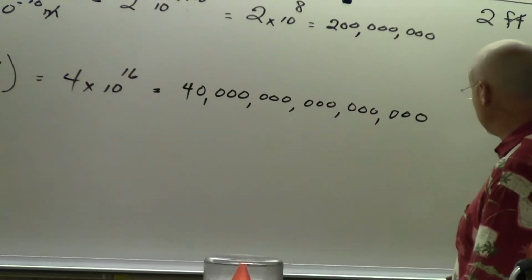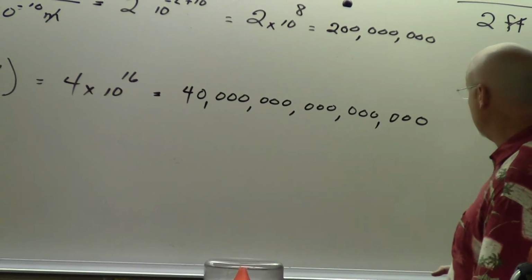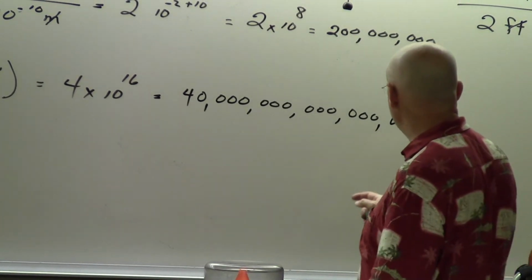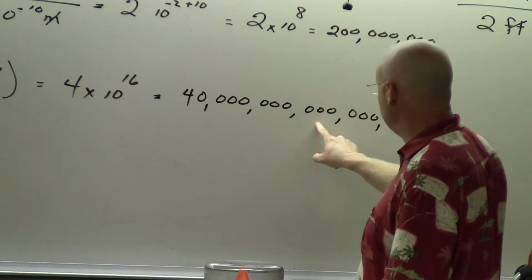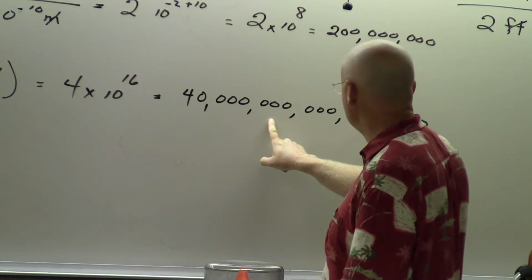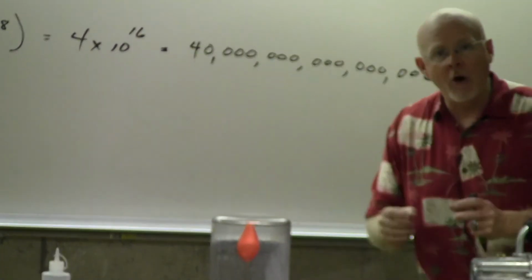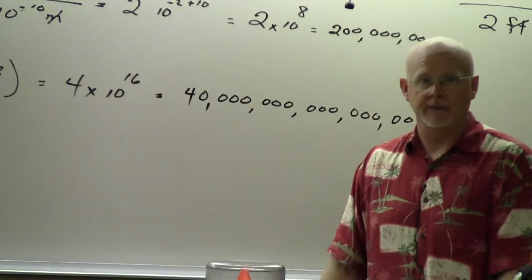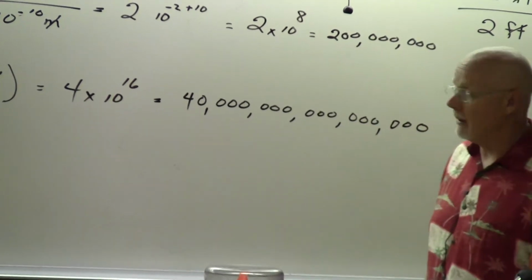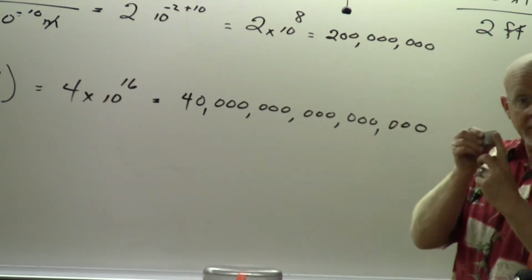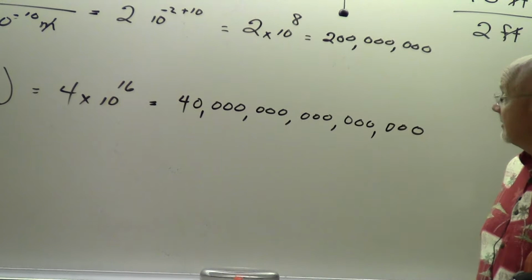Oh, and I don't even know if I can say that number. What is this? Thousands, millions, billions, trillions, quadrillions. Yeah, so there's 40 quadrillion aluminum atoms on this face.